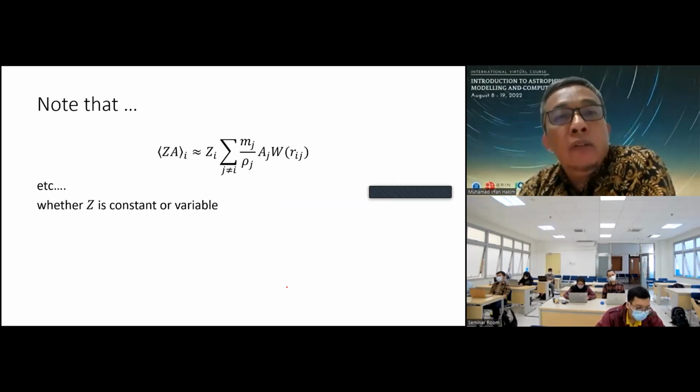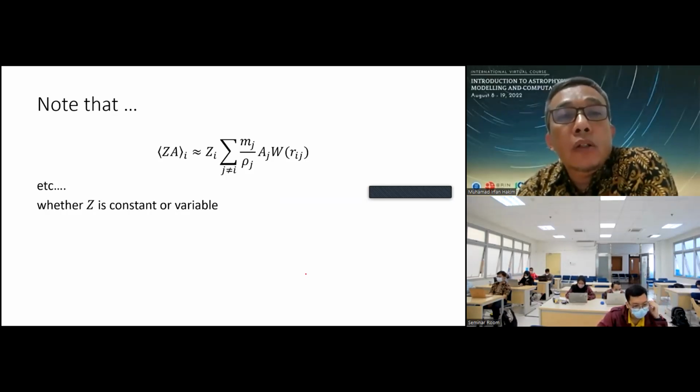Another expression for this approximation, if we use a combination of value of this average, for example, Z is of course maybe a variable or constant here.